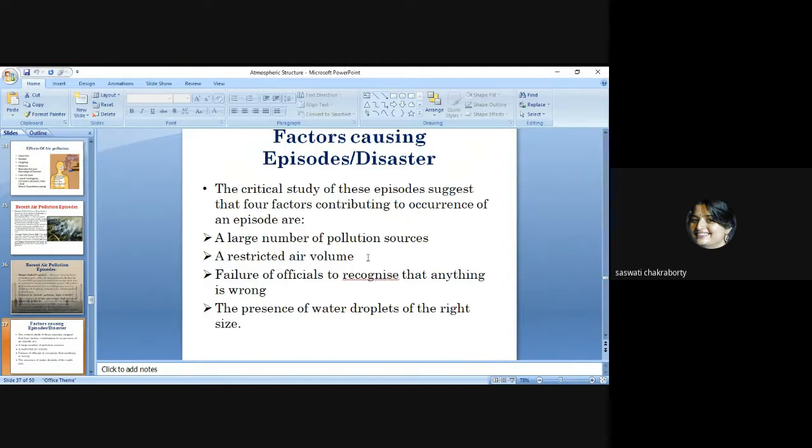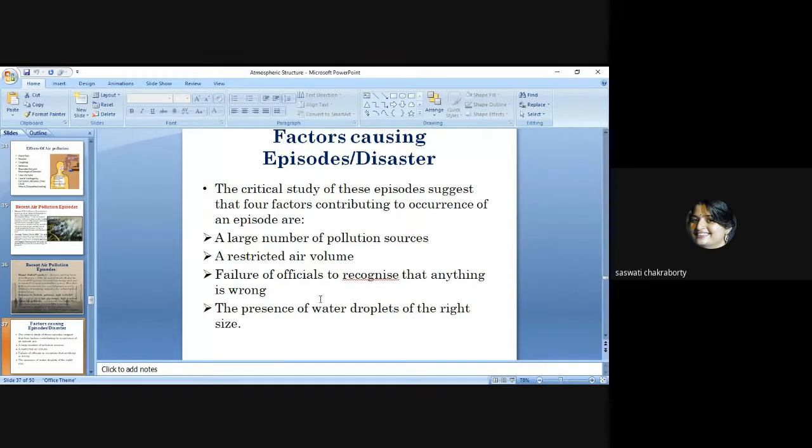A restricted air volume, as in Donora, where I said that was the unplanned civilization, so air circulation was not proper. Then, failure of officials to recognize that anything is wrong, of course, because not only the government but NGOs, private, all organizations that are planning for the industries, for the automobiles and everything need to follow certain guidelines.